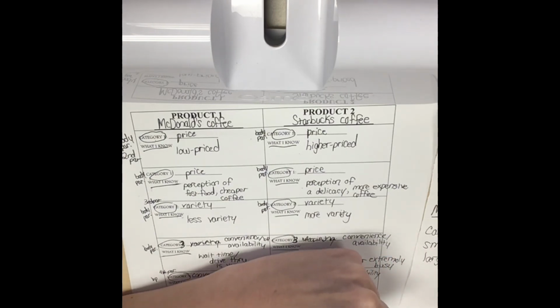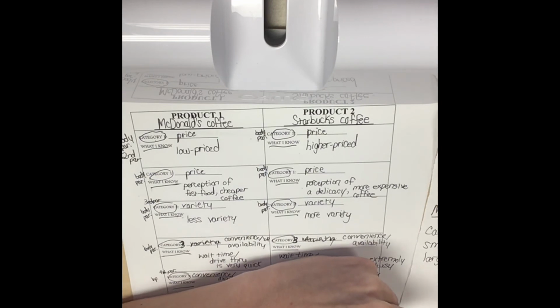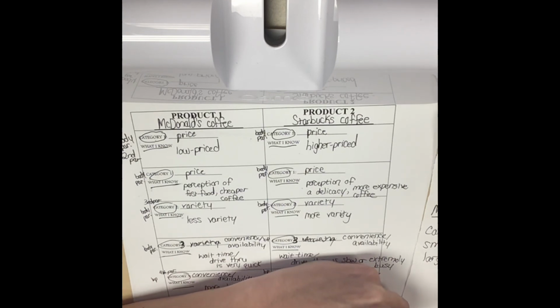Starbucks small is $1.36 more than McDonald's small. That's information I can use in my essay.